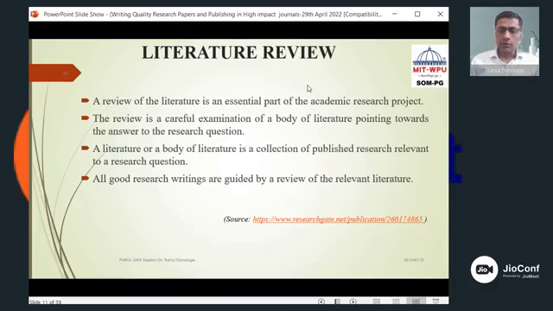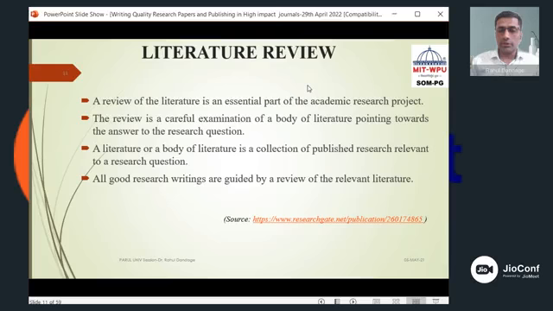Next, one of the important elements of a research paper is the literature review or literature survey. This literature review section is considered one of the most important sections, because it shows what different literature you referred to in that particular domain, in the specific research area, before you started your research, based upon which the research was carried out, what information you collected, what research gaps you identified, and which papers you referred to.